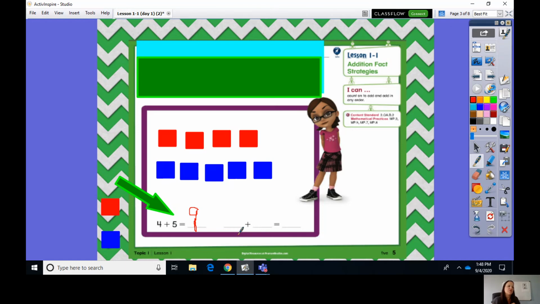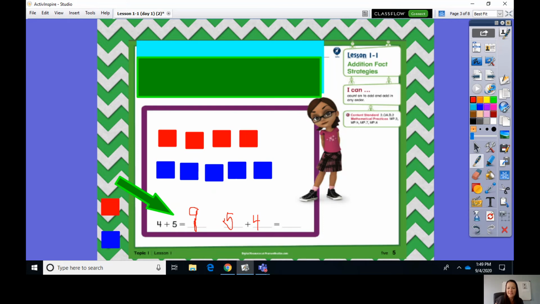Now, how else could I count this? What do you think, friends? Could I count 5 plus 4 and switch around those addends? You betcha. Let's try 5 plus 4.